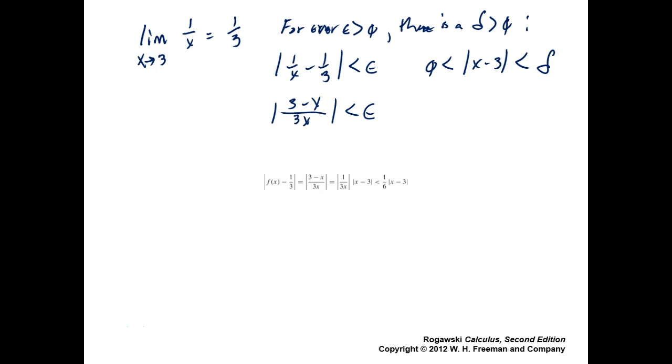So this thing here is the absolute value of 3 minus x, which is the same as x minus 3, because you're dealing with absolute values anyway. And then what you have here is 1 over 3x. And you want that less than epsilon, right? Well, this looks just like that.